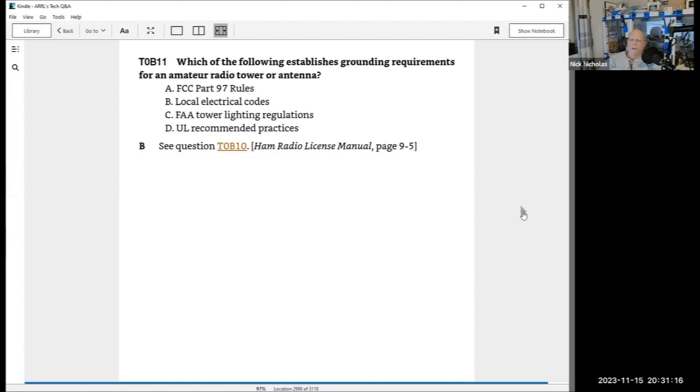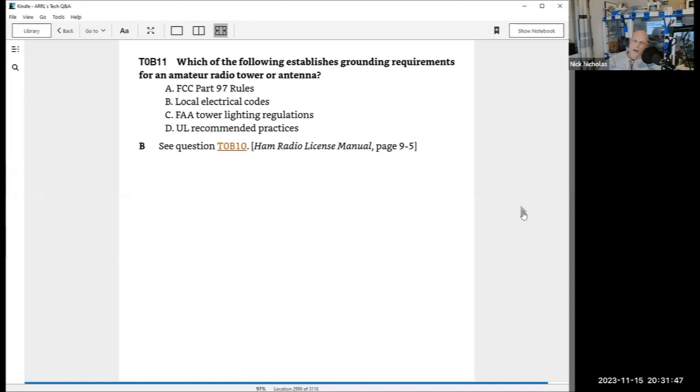Which of the following establishes ground requirements for amateur radio towers or antennas? B. All towers and antennas over 200 feet require tower lighting and compliance with FAA regulations for distance from an airport.